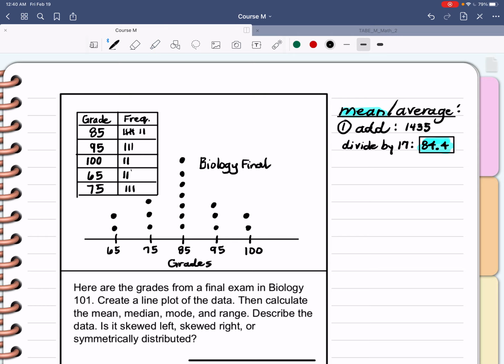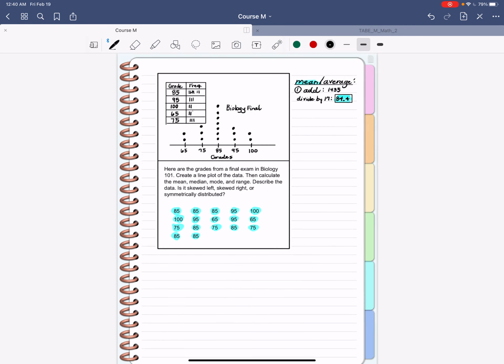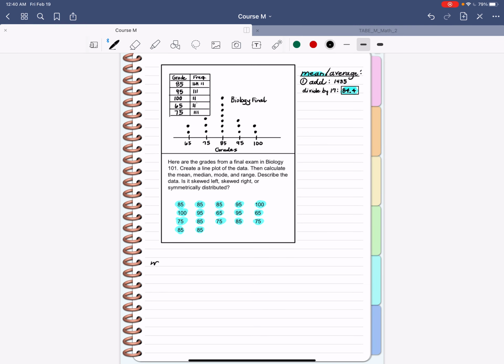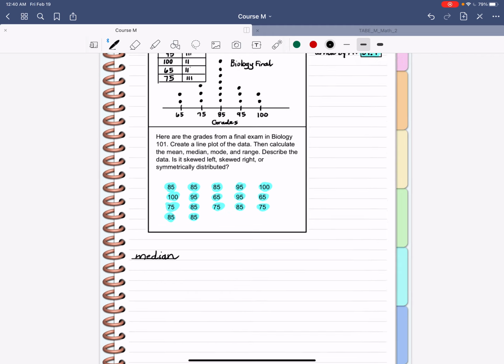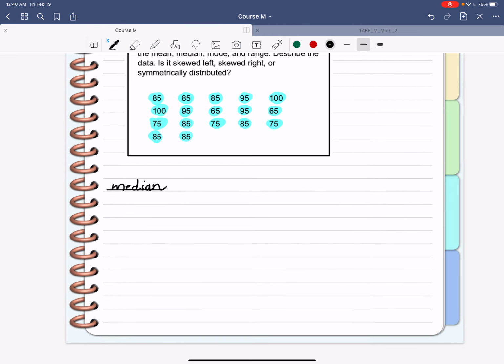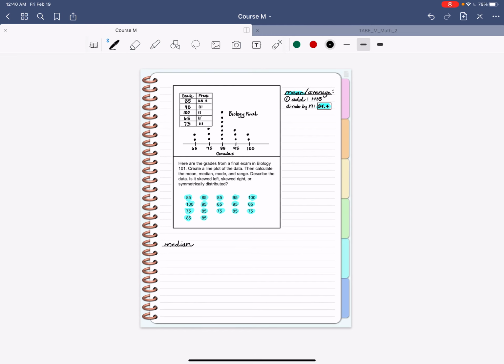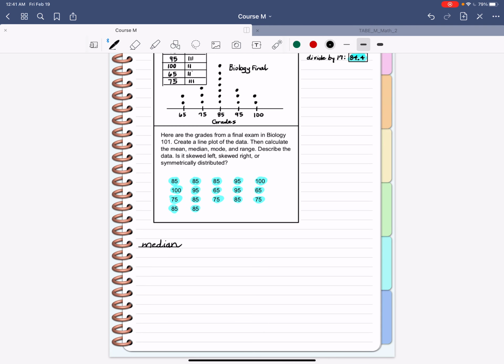Okay, the median. I'm going to come down here to the bottom to do median, and you'll see why. I am going to show you two ways on this one to do median. But let me show you the way that I showed you first. We need to put 2 of the 65s down. Remember, with median, they have to be in order.